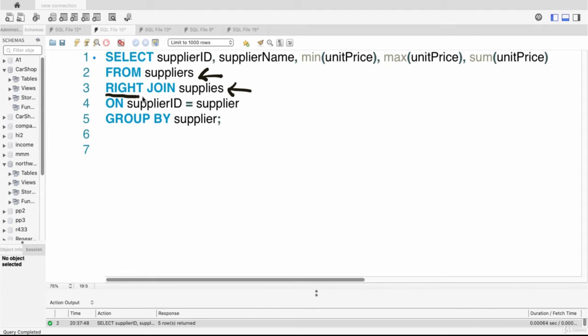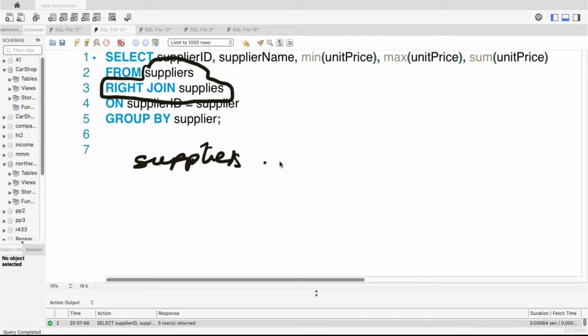This is right join. Who is the king now? This is the king because if you look at this expression, let's take this expression. This is at the right because it says suppliers, right join with what?